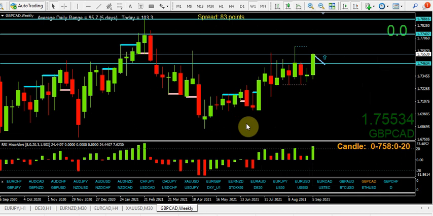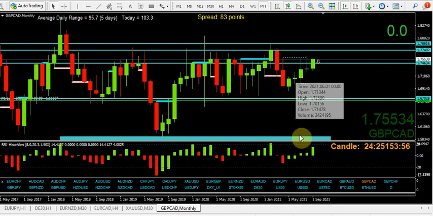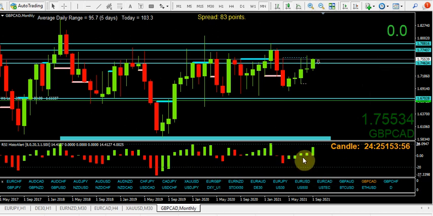So we clearly see categorically we've busted through that area, then we finally tried to break and have broken that area. You always have to look on the monthly to see what the overall direction is, and we can clearly see it is bullish. The bullishness is showing clearly on the RSI histo.